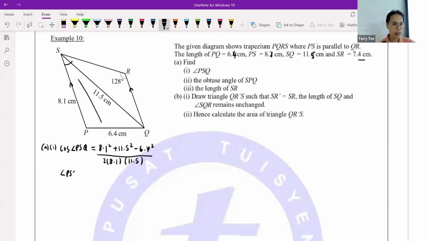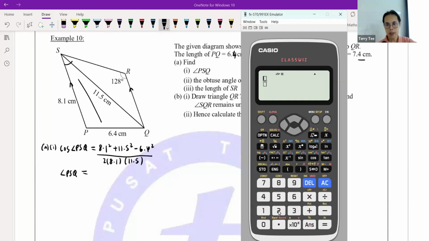So angle PSQ is therefore, use your calculator here, 8.1 plus 11.5 minus 6.4, divide 2 times 8.1 times 11.5. So whatever we get here, shift cos answer equals 32.63.